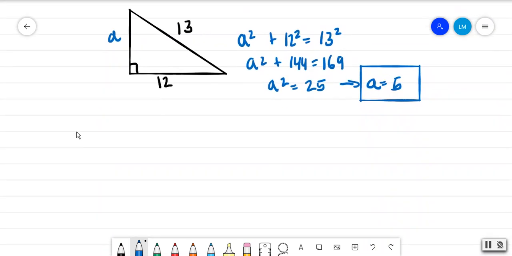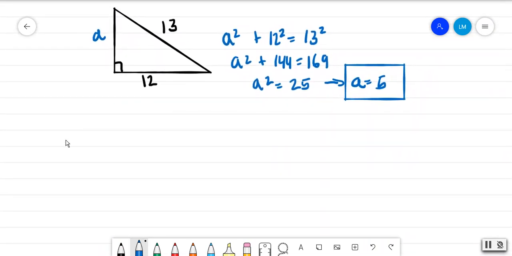Now, the other thing we end up talking about is the x and y plane and the distance formula. We start by looking at, say, the x and y plane.